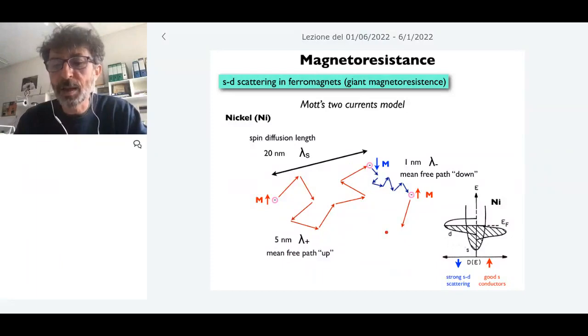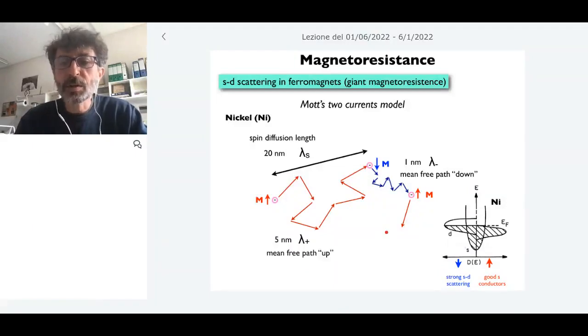There is a subband where you have very few sources of scattering, because the Fermi level lies completely in the s-band. And so they diffuse, and the mean free path has a certain value. But if after a certain spin diffusion length they change spin, then the mean free path is completely different. It's much smaller. So this is a typical conduction for a ferromagnet.